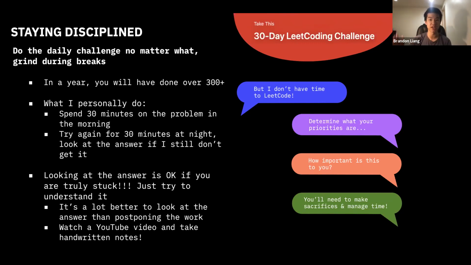And what you do then is just go through the comments and look for a comment that can explain it really well. It's even better if you can watch a YouTube video and draw pictures for yourself to understand the approach behind this problem. Because as we know, writing stuff down is a lot better than typing and not writing stuff down.